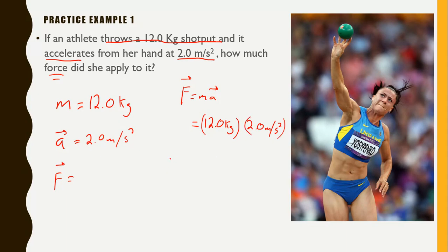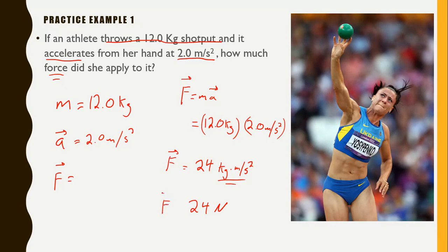So the force that she applied to that shot put would be 24 kilograms times meters per second squared. Now, we will change this into a more simple unit, so the answer would be 24 newtons.